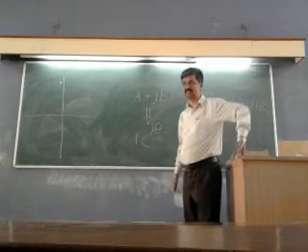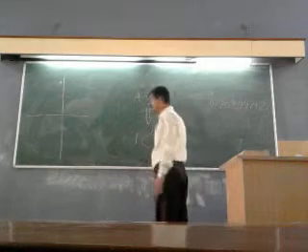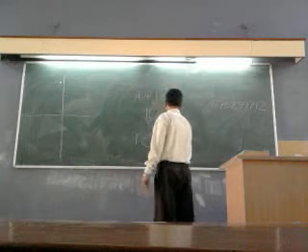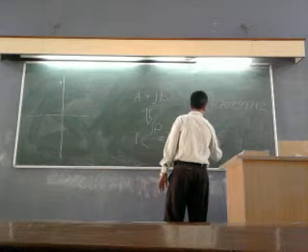We simply have e raised to j theta as cos theta plus j sin theta, so it becomes r cos theta plus j into r sin theta.